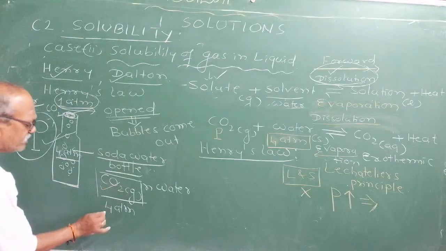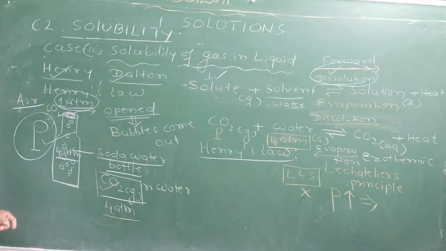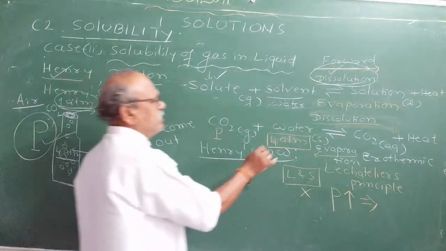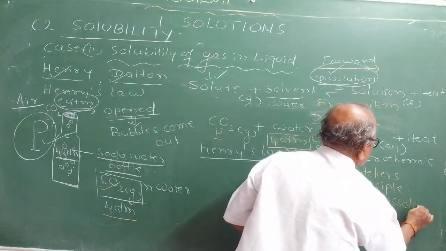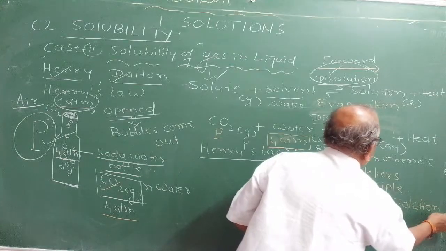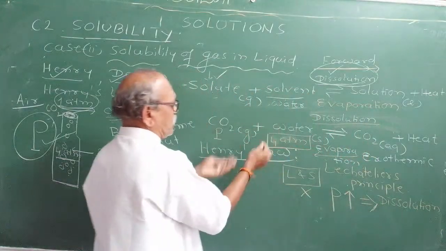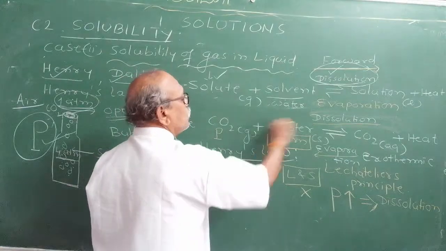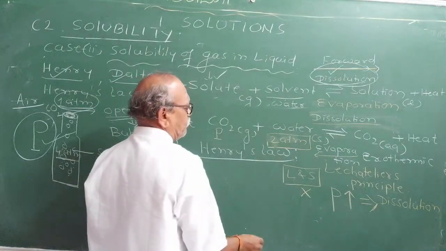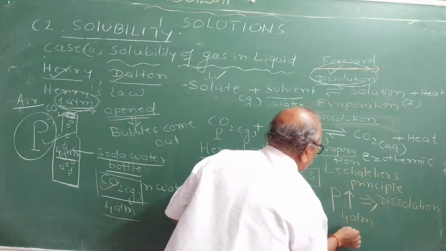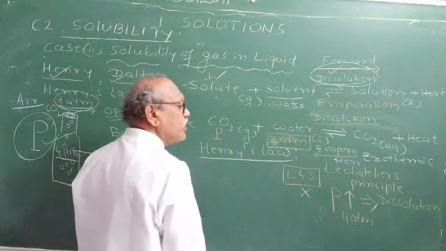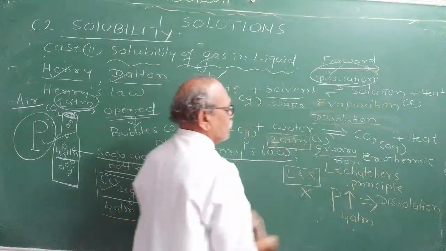Now our carbon dioxide is in the dissolved state at 4 atmosphere. Means dissolution increases. As the pressure increases, dissolution increases, because the excess pressure, now it is at 4, the equilibrium is at say 2 atmosphere. When they increase the pressure up to 4 atmosphere, to nullify the effect, what should happen? Pressure should decrease.